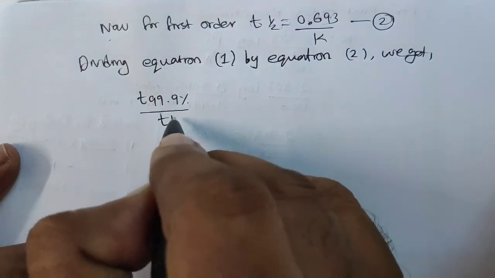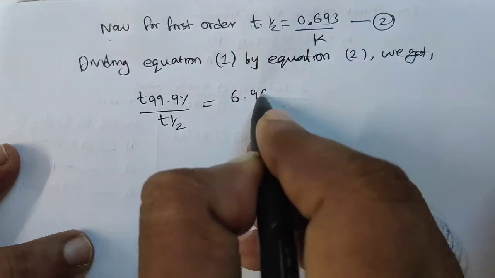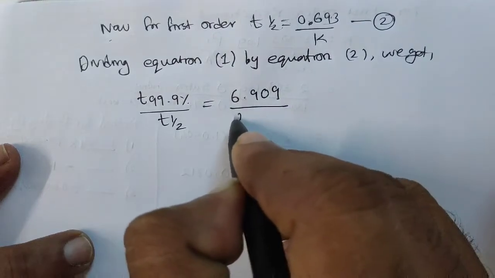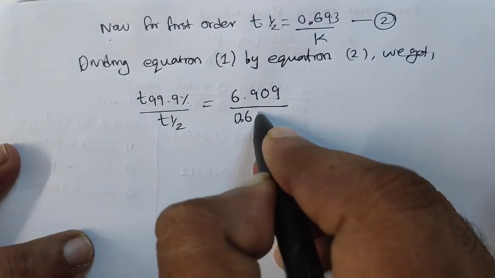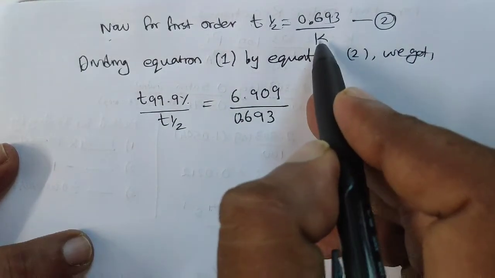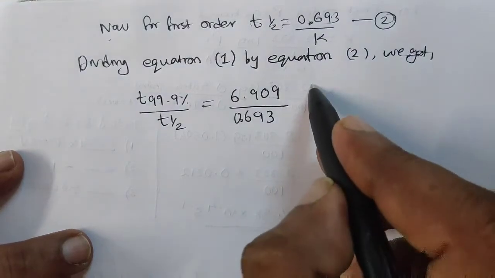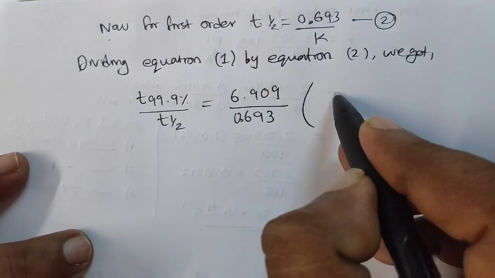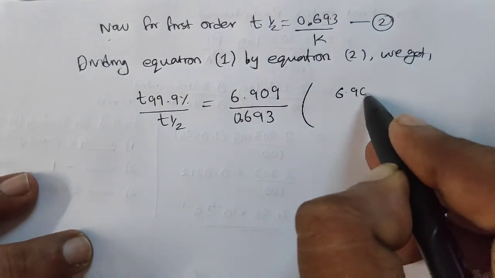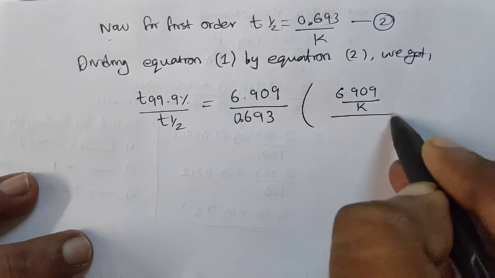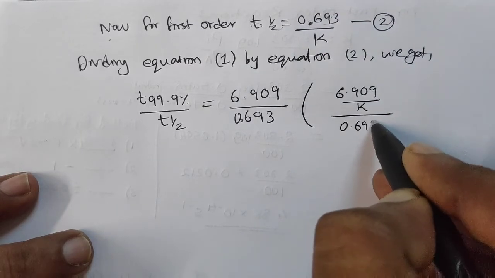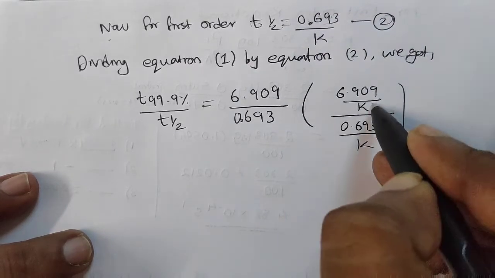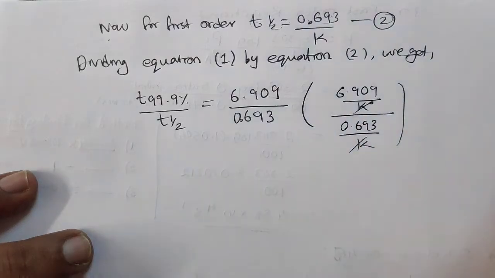So t 99.9% divided by t half, which is equal to 6.909 divided by 0.693. This k will get cancelled. If you didn't understand, you can write here t 99.9% means 6.909 by k divided by 0.693 by k. Understood? So this will get cancelled, and like this what we got.